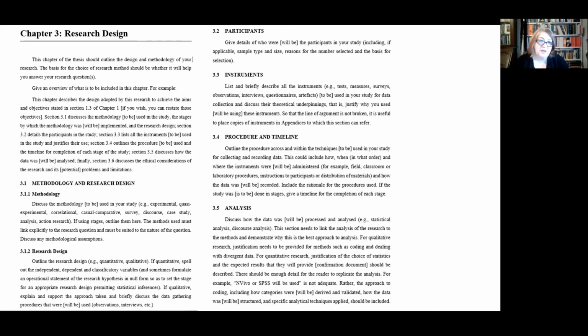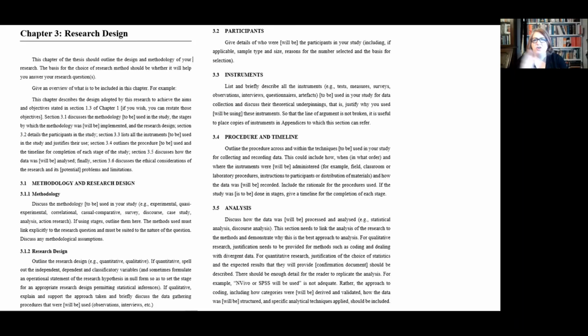And the research design goes into more specific, in this example, detail about the methods. So you can see they're looking at the research design category as a way of talking about variables and the particular methods that might be used. So that's an interesting way. Instruments, if you're doing quantitative research and you're using surveys, or what kind of tools you're using.